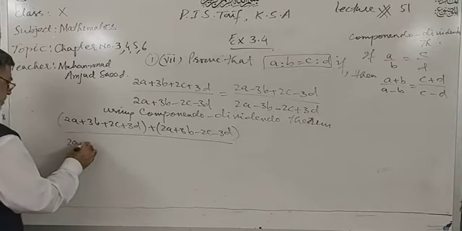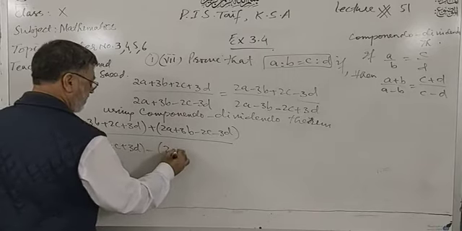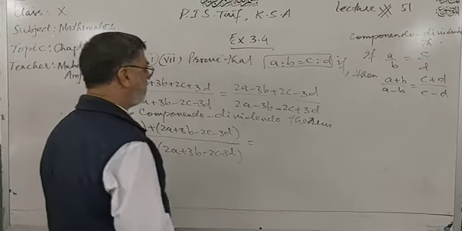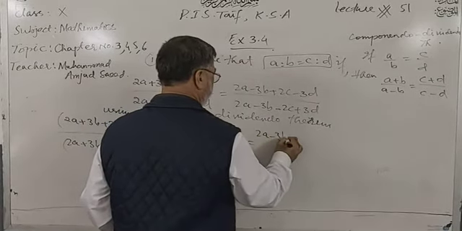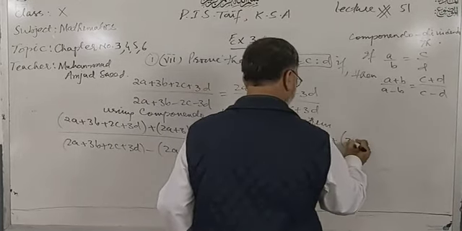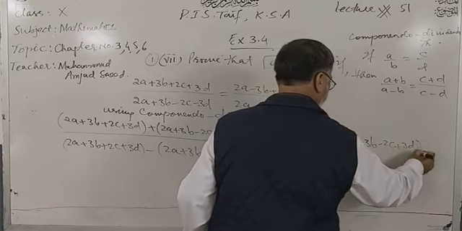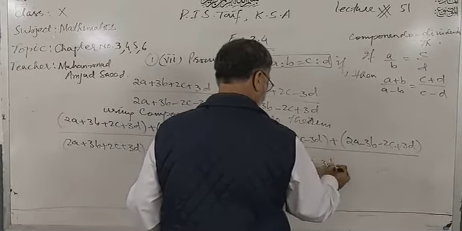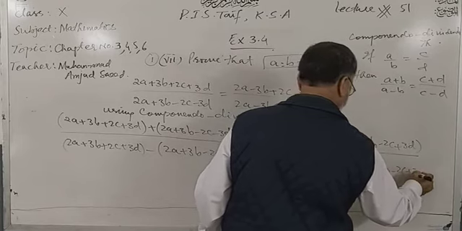Here 2A plus 3B plus 2C plus 3D minus (2A plus 3B minus 2C minus 3D) is equal to, in numerator you will add denominator, 2A minus 3B plus 2C minus 3D plus 2A minus 3B minus 2C plus 3D, divided by 2A minus 3B plus 2C minus 3D minus (2A minus 3B minus 2C plus 3D).